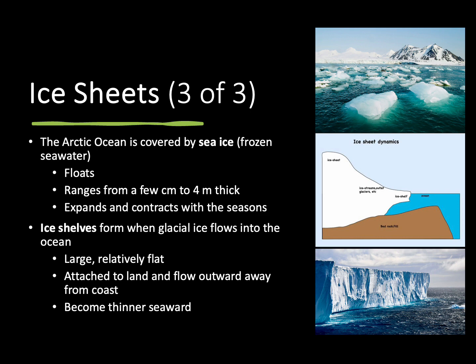These are going to be absolutely massive, really flat shelves of ice. And we can see an actual image of one in the bottom. But all of this happens when our ice sheets get too large, and they're going to start moving outwards from the coast and start moving farther out into our ocean. But the farther out they get in the ocean, the thinner they will be.